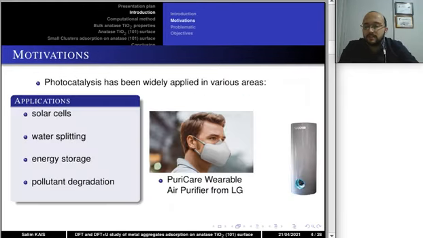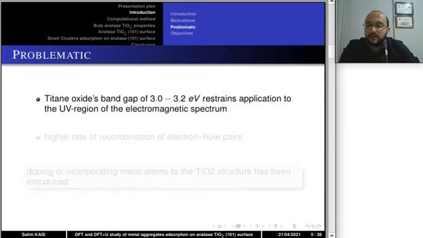Photocatalysis has been widely applied in various areas, such as solar cells, water splitting, and others. However, bare titania still has some inherent limitations due to its band gap energy, which is 3.0 to 3.2 electron volts, so it can only absorb UV radiation, that is 5% of sunlight.